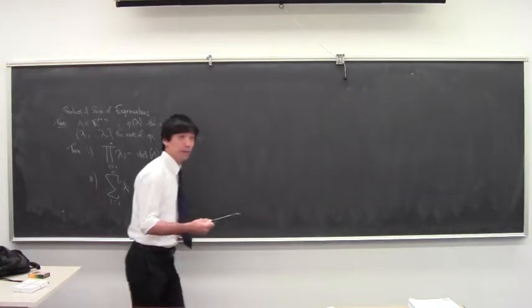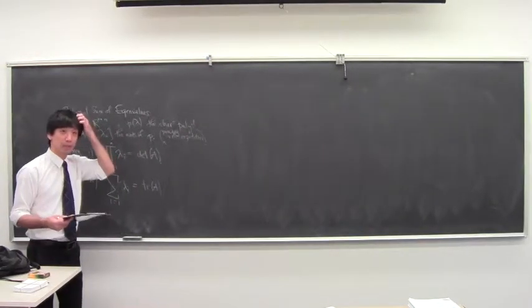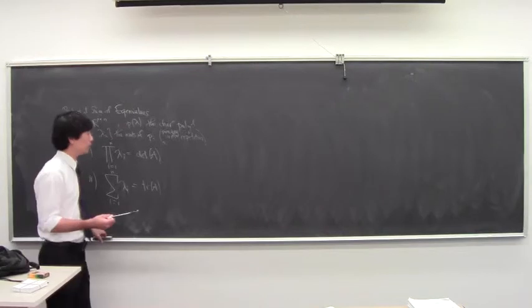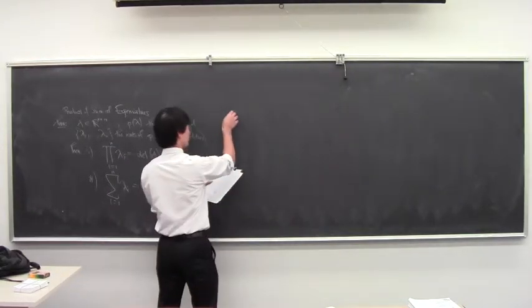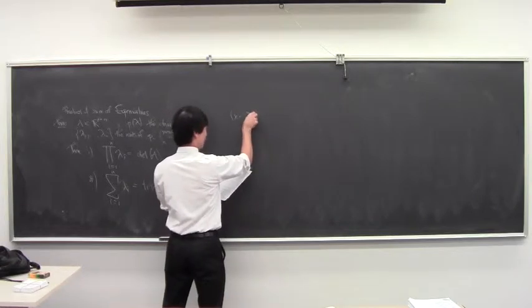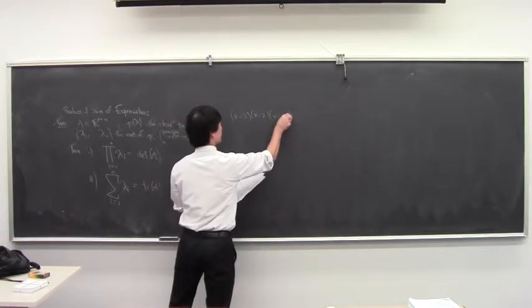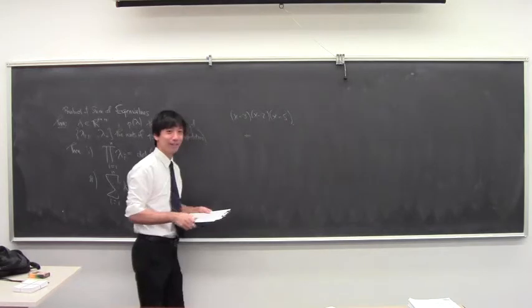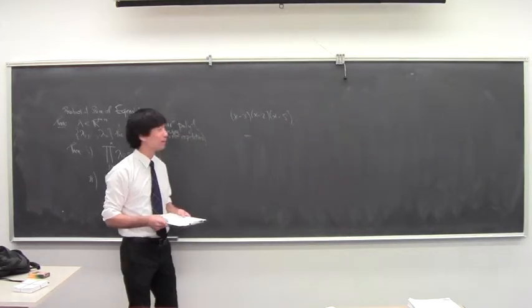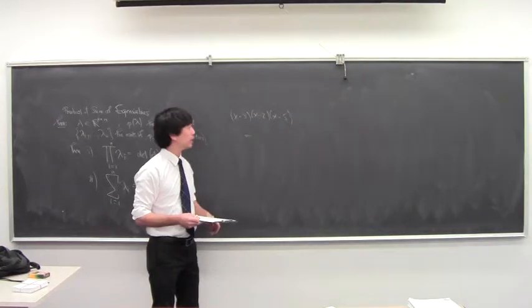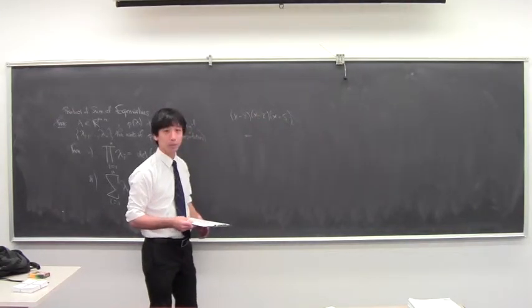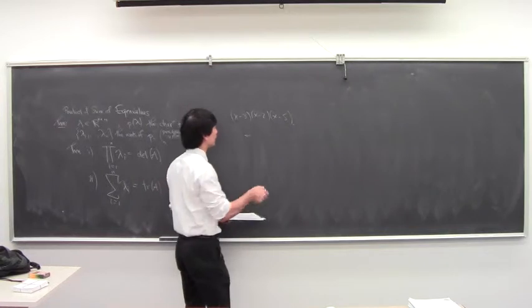So the proof of this is a little bit intricate, but let's start off with just an exercise. Here's the exercise: (x minus 3)(x minus 2)(x minus 5). This is not really an exercise, but you can multiply it out, or you could just start counting.